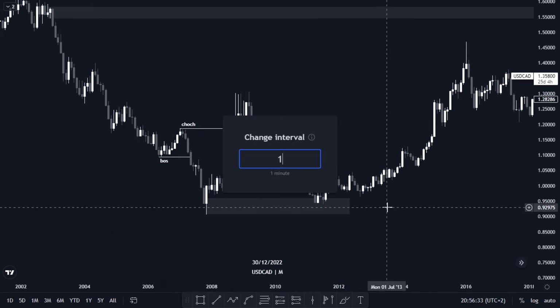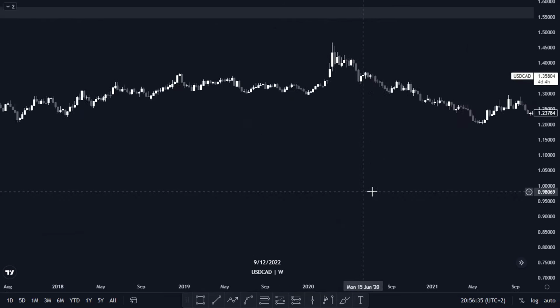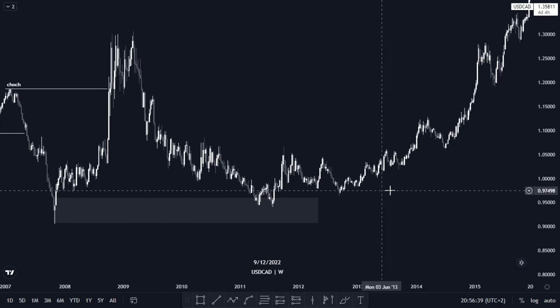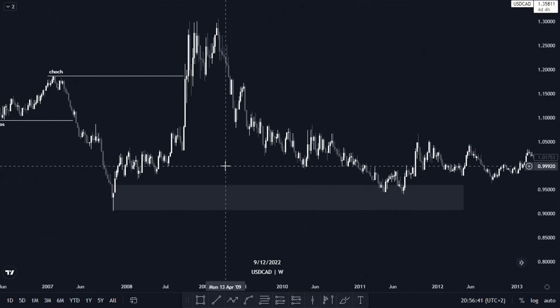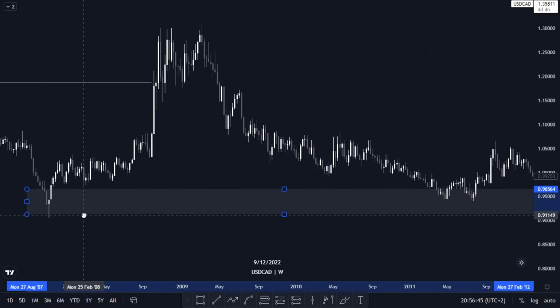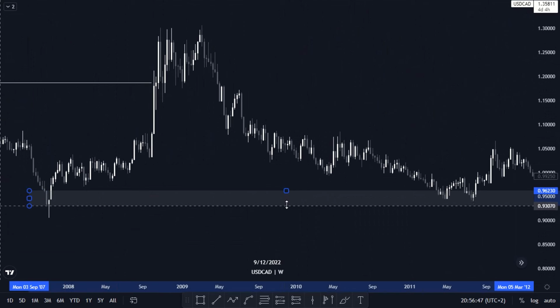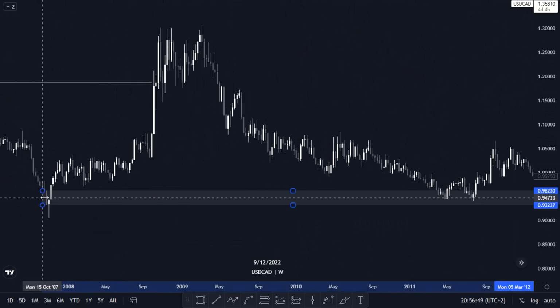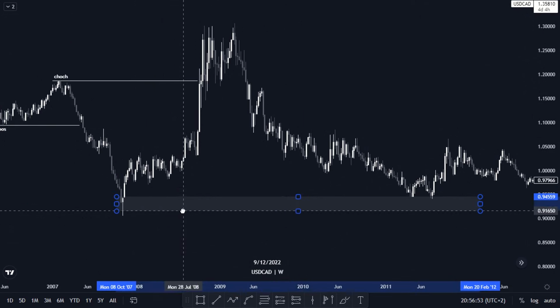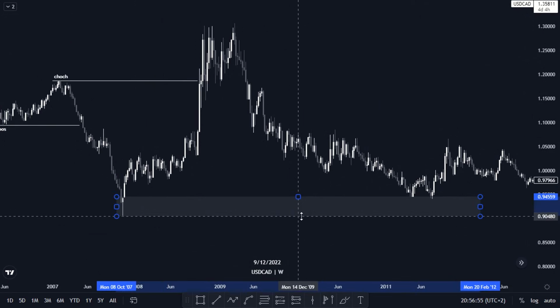Let's just move to the weekly chart and see. On the weekly chart we can see that we have this beautiful order block here. You could use this one, or you could use this one here just to be safe.